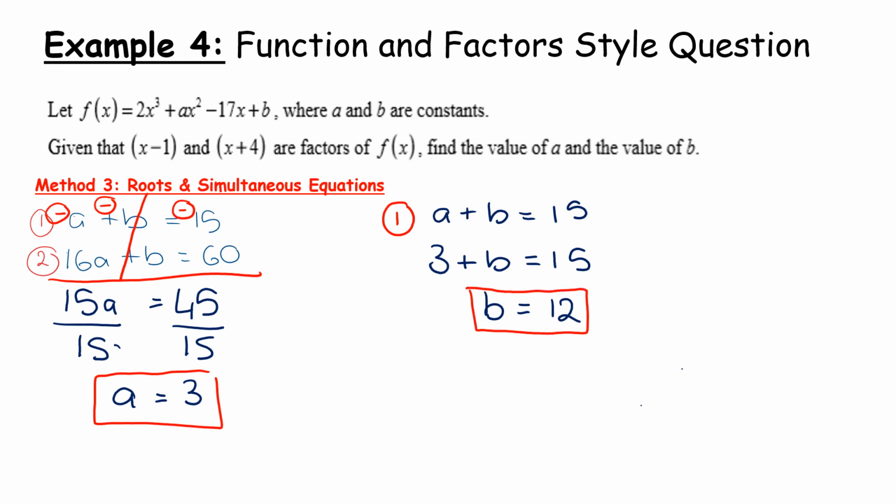So remember that anytime we have factors, we can also then write them as roots. And when we sub a root into a function, we know the answer should be 0. But there are 3 different options to approach this question. I would say the majority of the time you'll have a choice.